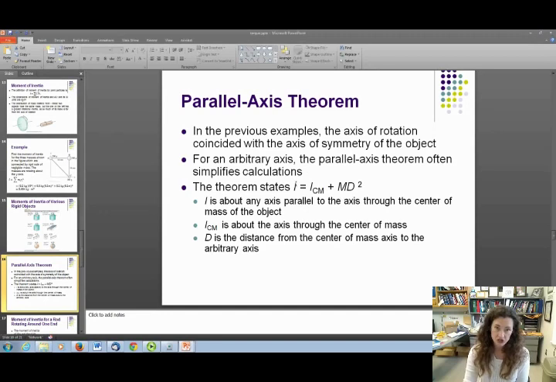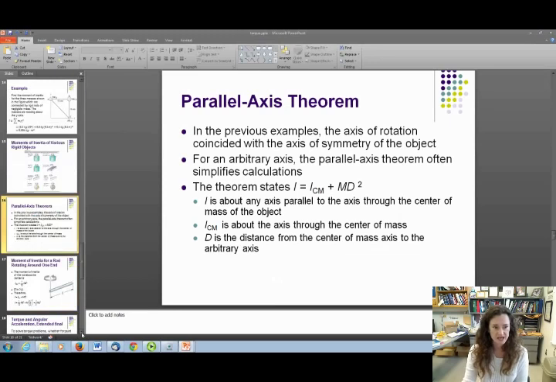The moment of inertia in the new axis is equal to the moment of inertia in the chart, the center of mass moment of inertia, plus the mass of the object times d squared, where d is the distance from the center of mass axis to that arbitrary axis. Okay? The distance between the axes.